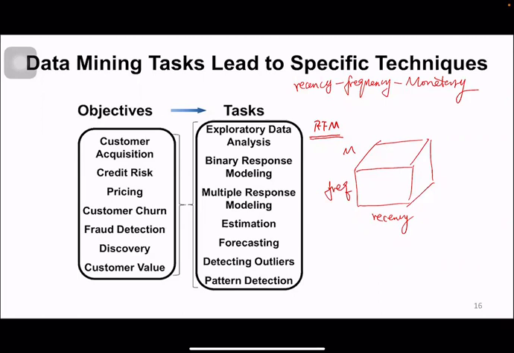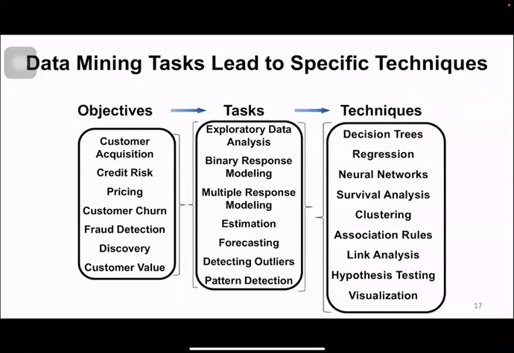So if you spend recently, spend more frequently, and spend a larger amount of money, definitely you are a very profitable customer. So we want to identify those customers so that you can do customer acquisition. So RFM, recency, frequency, and monetary analysis, is one way to do it.